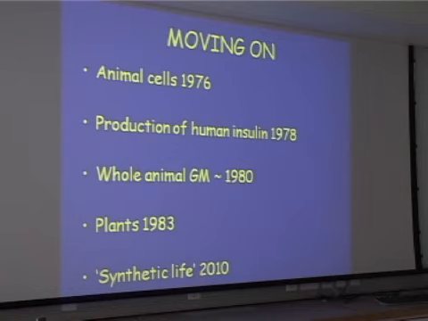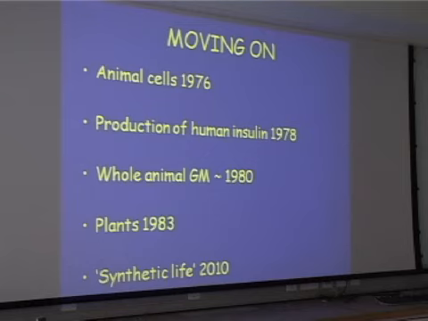Insulin is no longer extracted from the slaughterhouse, but is grown in 100,000 litre fermenters by Eli Lilly in New Jersey. If you think that every millilitre of solution has got millions of bacteria in it, and they're doing 10 or 100,000 litres at a time, that's really quite a lot of insulin.